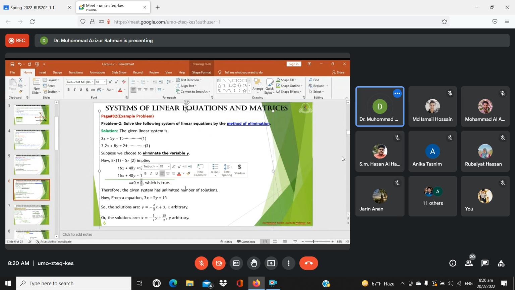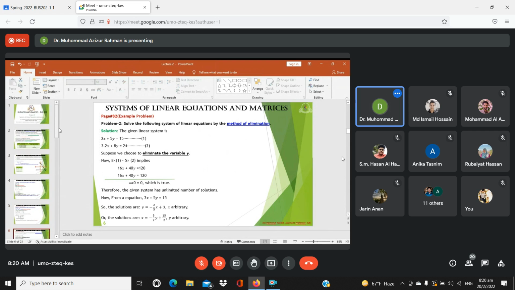So is this possible? 0 equals 0? Yes, it's possible. In this case, it follows the third condition we are discussing here.